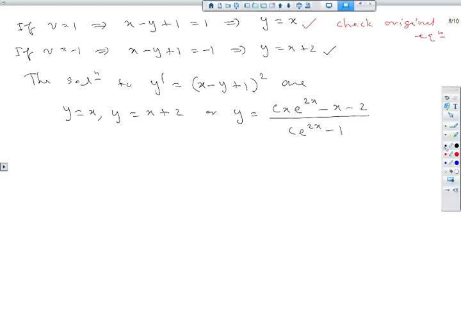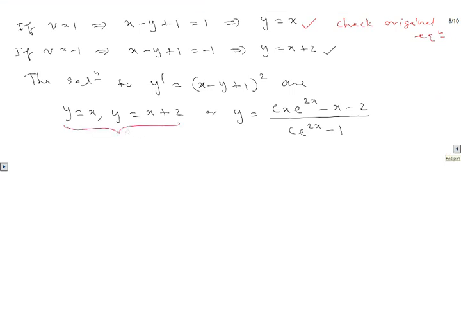The first two solutions are what we normally call singular solutions. So these are the singular solutions. The other one is a non-singular solution. Good. So this is the final answer for this problem.